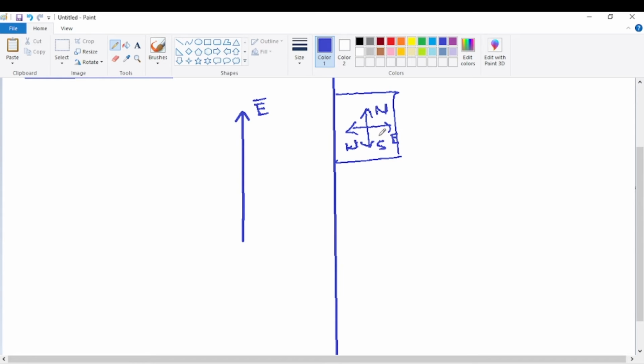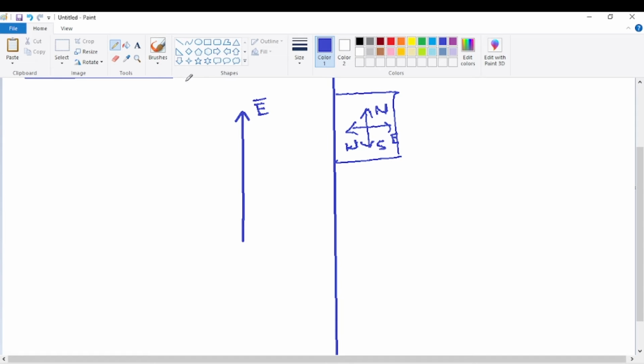A very important thing about the north, south, east, west directions is that they are considered on the ground, on the surface of the earth. The surface of the earth is also called horizontal. Any plane parallel to the surface of the earth, parallel to the ground, is also called horizontal. So we are considering the north, south, east, west directions in a horizontal plane. In this horizontal plane only, we are imagining the electric field.